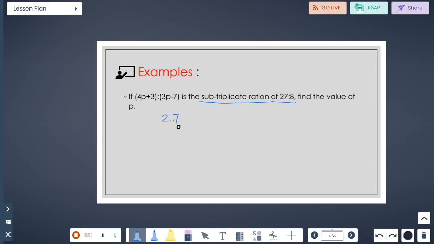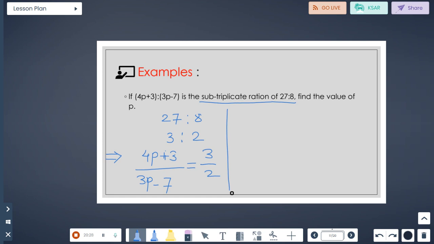So the subtriplicate ratio of 27 is to 8 becomes 3 is to 2. The given question is 4p plus 3 whole divided by 3p minus 7 is equal to 3 upon 2, and we have to find the value of small p.